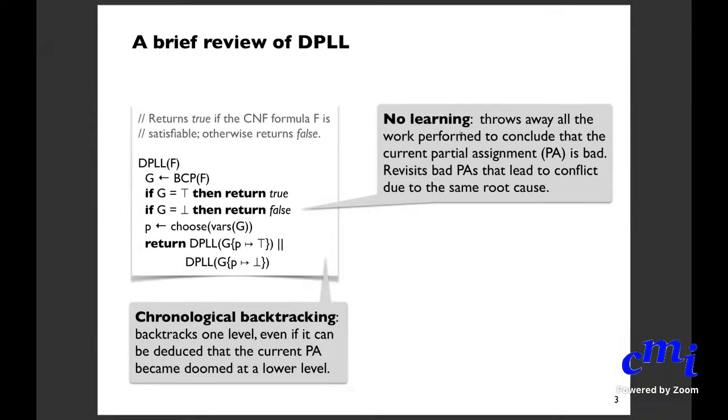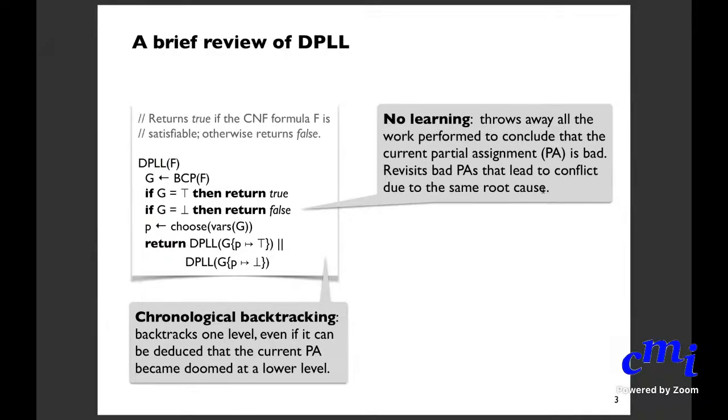No learning. Any learning throws away all the work performed to conclude that the current partial assignment is bad. By bad, I mean it results in a conflict, and you revisit bad partial assignments that lead to a conflict due to the same root cause.